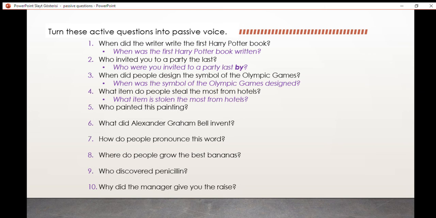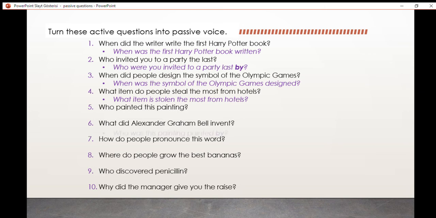But what item is stolen the most from hotels is a passive sentence. When we say, what is the most stolen item from hotels? We mean en çok çalınan eşya ne? But when we say, what item is stolen the most from hotels? Otelden en çok çalınan, en çok hangi eşya çalınır?